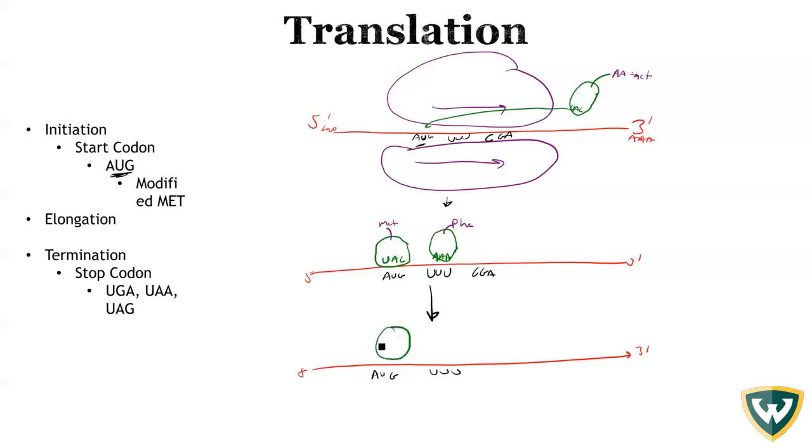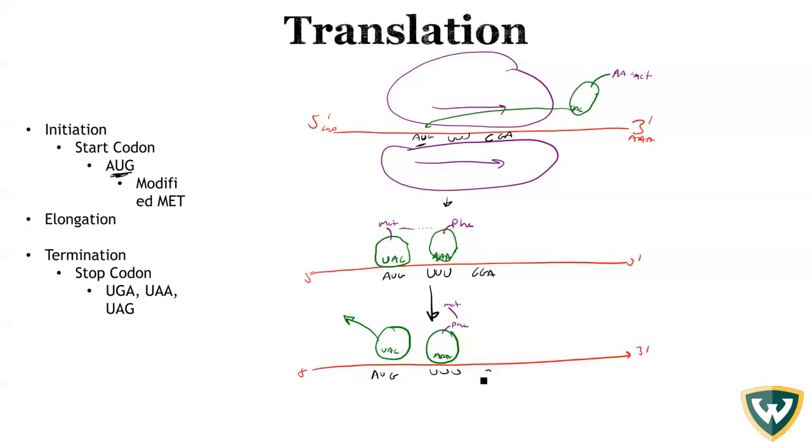So this one begins to float away, UAC. Okay? This tRNA is still attached. However, what's different is now the phenylalanine is attached to the methionine from before. So these two end up attaching, and that's starting your polypeptide chain.